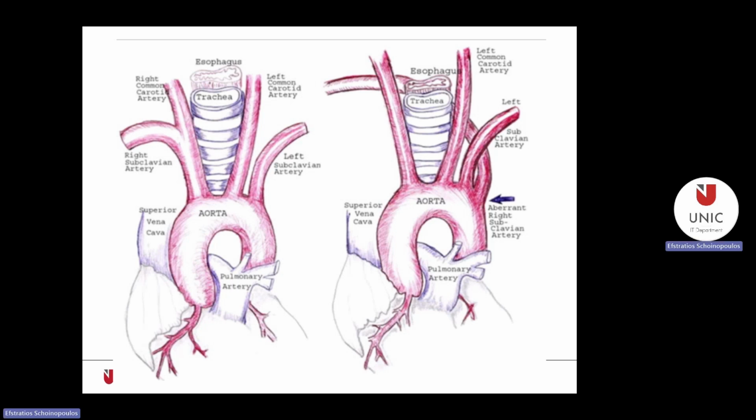In this case, due to this course, we might face complications such as dyspnea or dysphagia due to the compression of the trachea or the esophagus respectively. A little bit of anatomy.